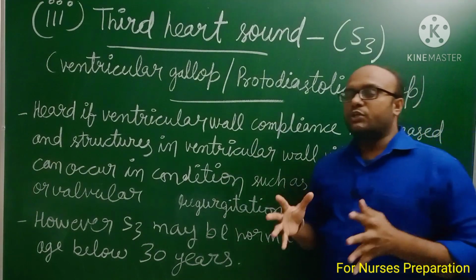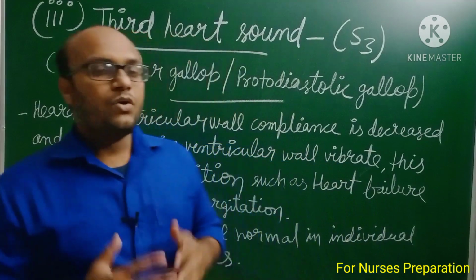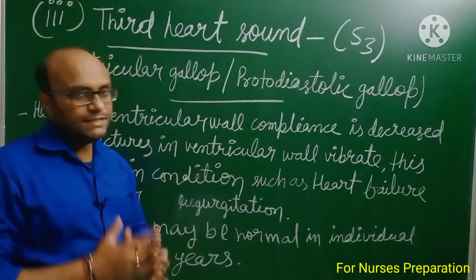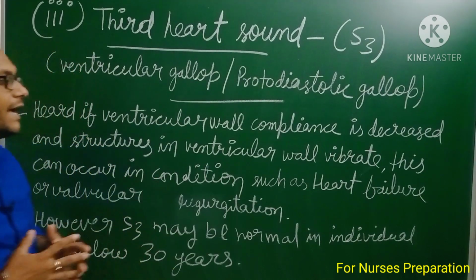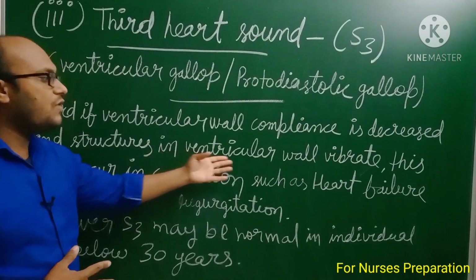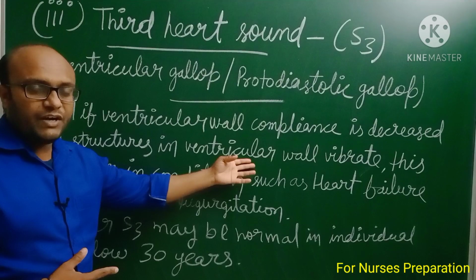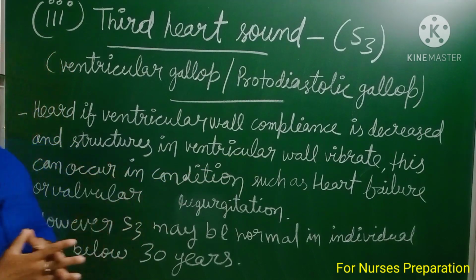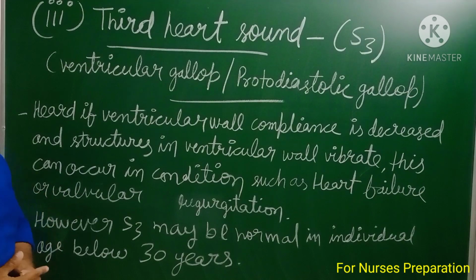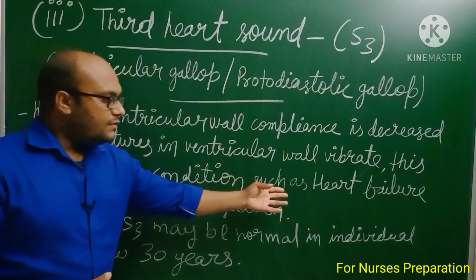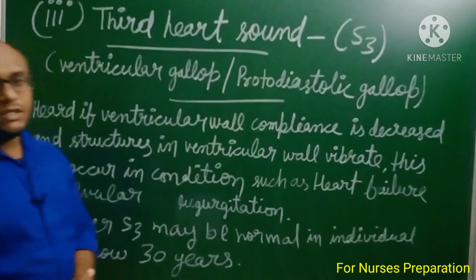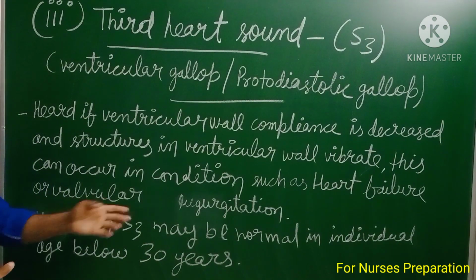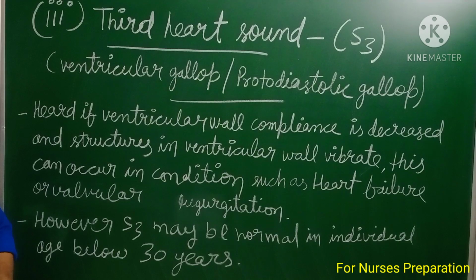The S3 sound is produced when ventricular wall compliance decreases and at that time structures found near the ventricular wall have vibrations, and due to this the S3 sound is produced. This condition normally occurs in a person who is suffering from heart failure or valvular regurgitation.